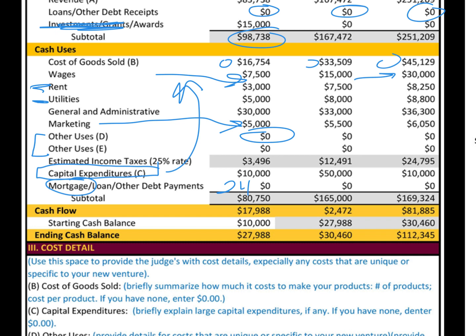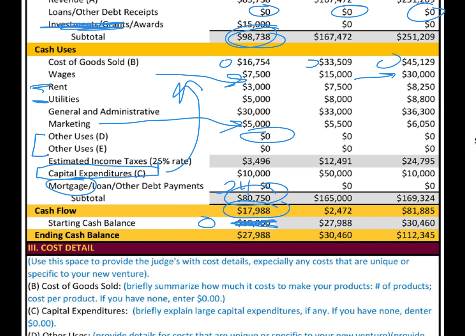So it gives us money in, money out, cash flow, $17,988. In this case, we assume that you already had $10,000 in the bank when you started your business. You might have 0. Most of you will have 0. So you simply put 0 there, which would mean that ending cash flow year 1 would be $17,988.